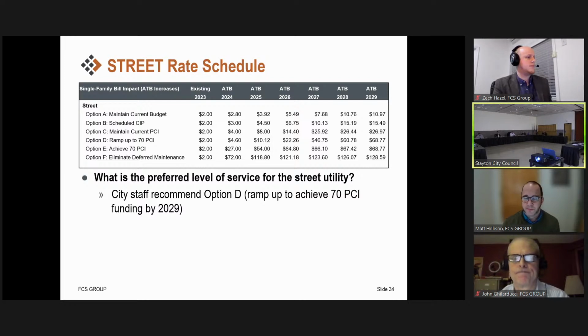Mayor, quickly. Councilor Giglio. I'm just looking at this. Having someone's bill go to $68 for streets in 5 years, that's ramping up. It's an astronomical bill. It's $600 additional dollars.